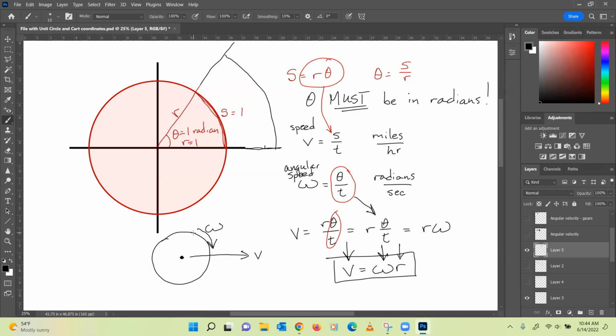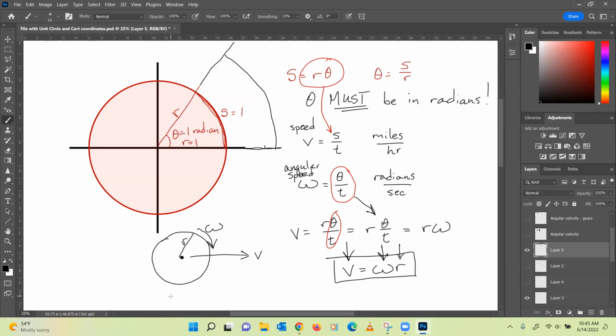Well, that depends on the radius of your circle. If you've got a really small wheel, it's going to have to spin a lot faster to move you a particular speed forward than a large wheel does.